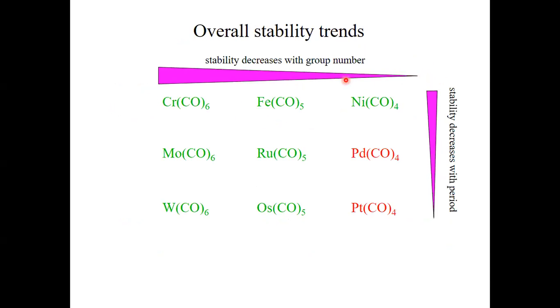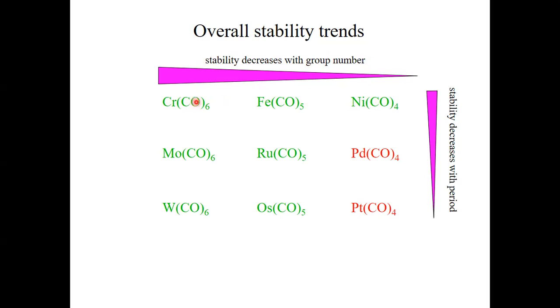All right, so now let's summarize this. As we go from group 6 through group 8 to group 10, we go from hexacarbonyls to pentacarbonyls to tetracarbonyls. The stability tends to decrease.